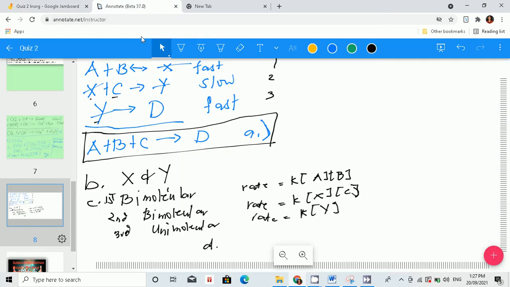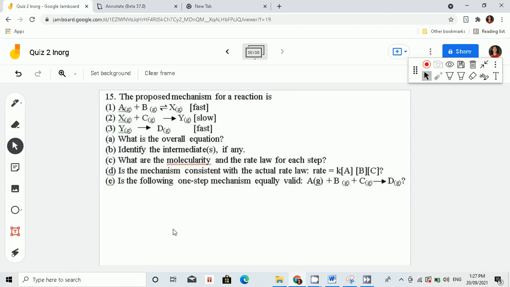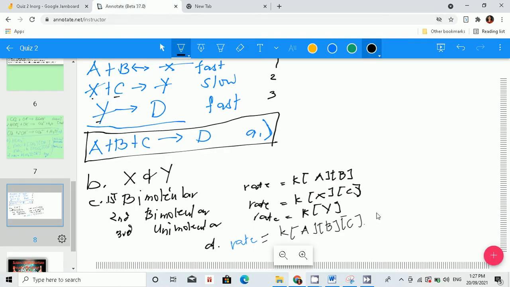Now let's look at the overall rate law. The overall rate law is rate equals k times A times B times C. Is it consistent with what is asked? Yes, it is. So our answer is yes.